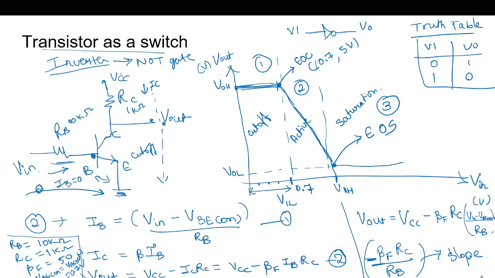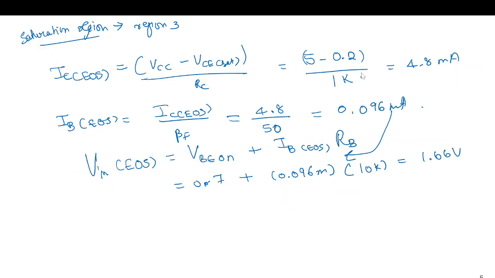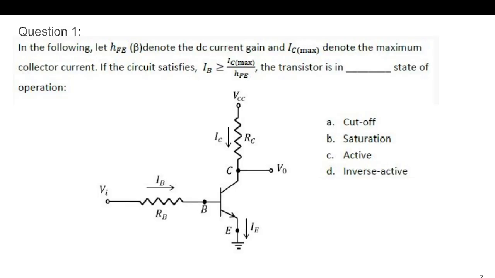So at this potential we are getting 1.66 as the input, and this output we know VCE sat is 0.2 volt. So these are the 3 regions of operation.